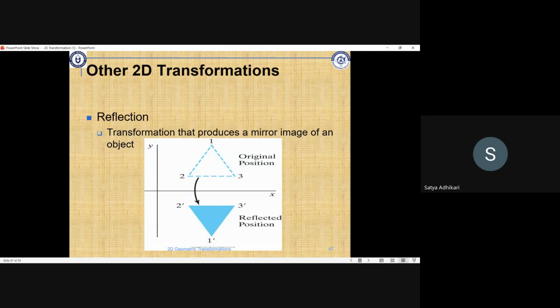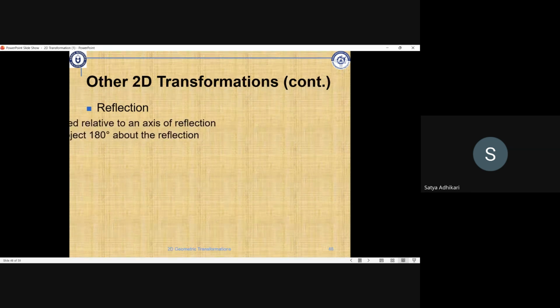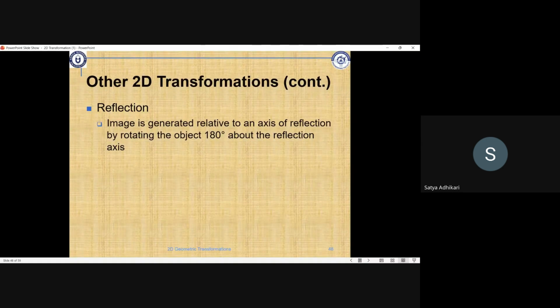Similarly, if we put a mirror on the y-axis, this is called the reflection about the y-axis. The image is generated relative to the x-axis by rotating the object 180 degrees about the reflection axis. The reflection axis is the x-axis.